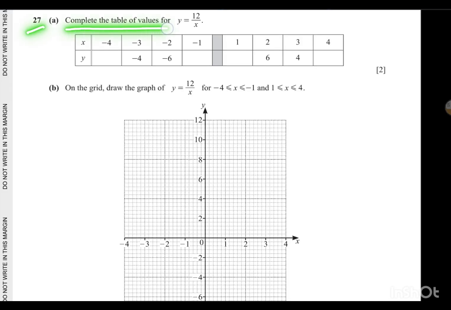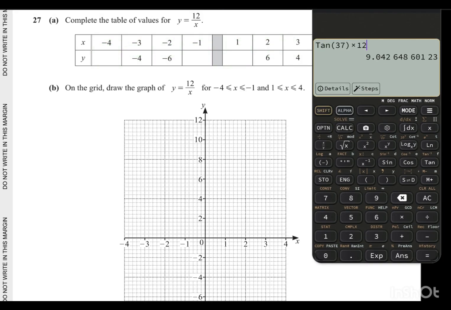Complete the table of values for y is equal to 12 by x. X values are all given. We need to find the missing y values using 12 by x. 12 by minus 4 is minus 3.